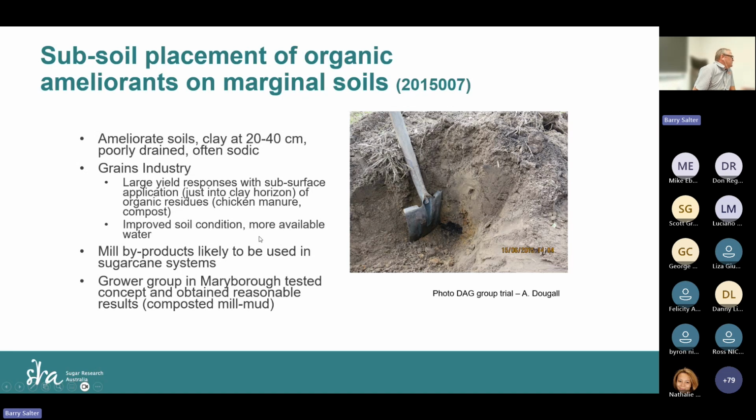And they showed significant yield responses to doing that in the grains industry, and a lot of that was attributed to increasing soil moisture and also increasing the volume of soil that the roots could extract moisture from and so on. And so we had an attempt at doing this in sugarcane a few years back, and for us, obviously, the most likely product we thought would be used would be the mill byproducts that we've got access to.